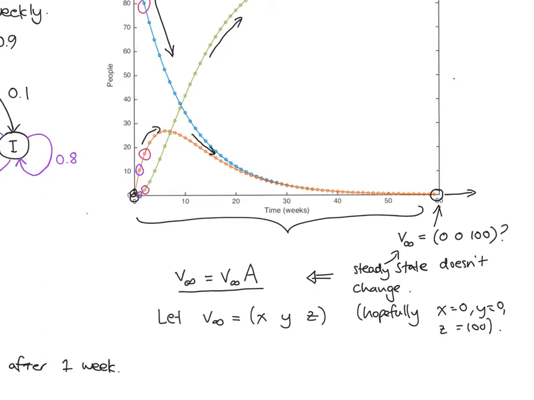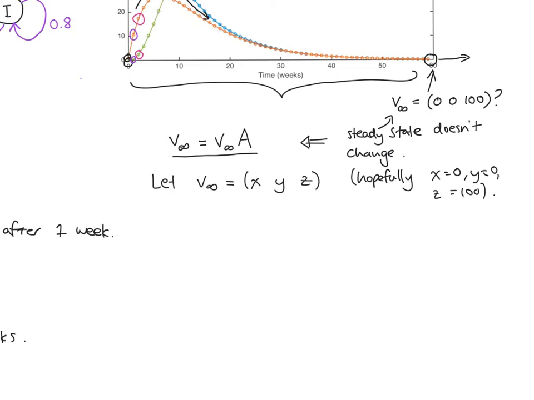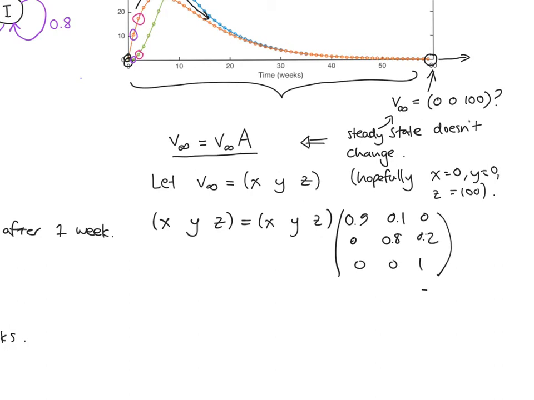And now we're going to write out our matrix equation. So we have x, y, and z is equal to x, y, and z times by our transition matrix, which is 0.9, 0.1, 0, 0, 0.8, 0.2, 0, 0, and 1. So now let's do the matrix multiplication there. So that will give us, on the left-hand side, we still have x, y, and z.